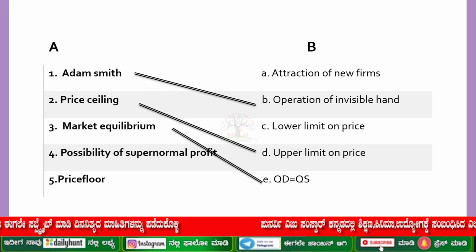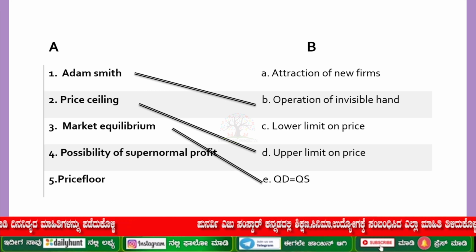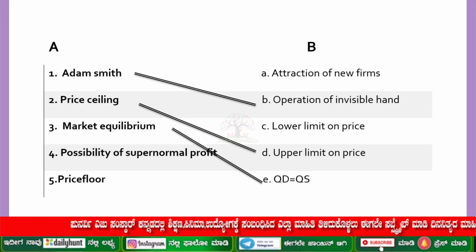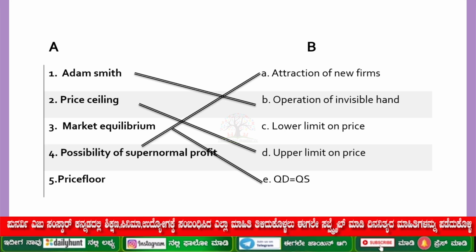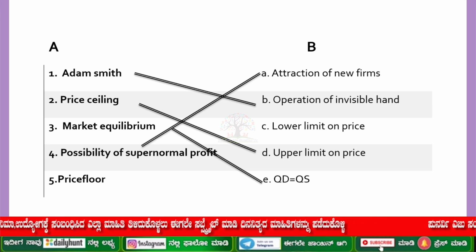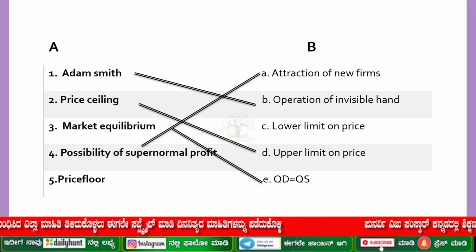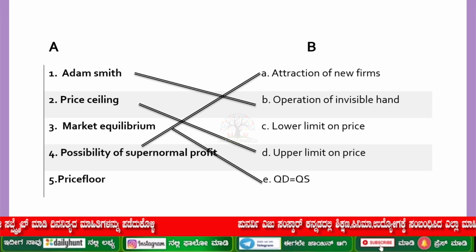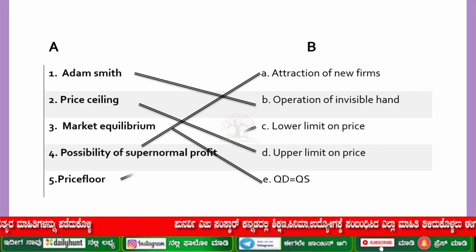Possibility of supernormal profit: when there is supernormal profit under perfect competition, it attracts new firms into the market. Price floor, it is a lower limit on prices imposed by government for a few essential goods.